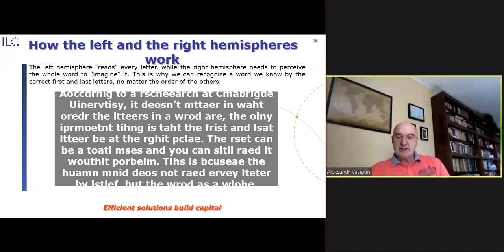Look, according to the results of our joint study, it doesn't matter in what order the letters are in the word. The only thing which is important is that the first and the last letters are in the correct position. All the others could be a mess, and you can still read the text.